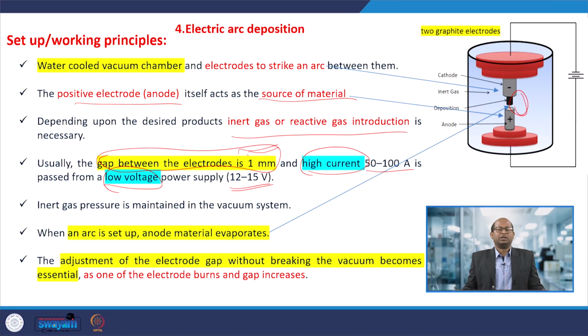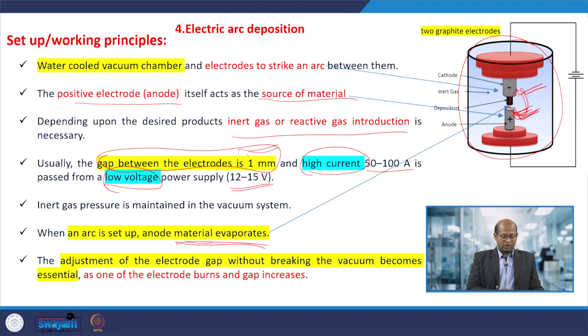This is the inert gas chamber, I said, and it is a vacuum chamber, with cold water-cooled jackets on the outer side. This is one electrode, this is another electrode, two graphite electrodes we have to place there, and then an arc will be developed, and then the anode material will be evaporated.